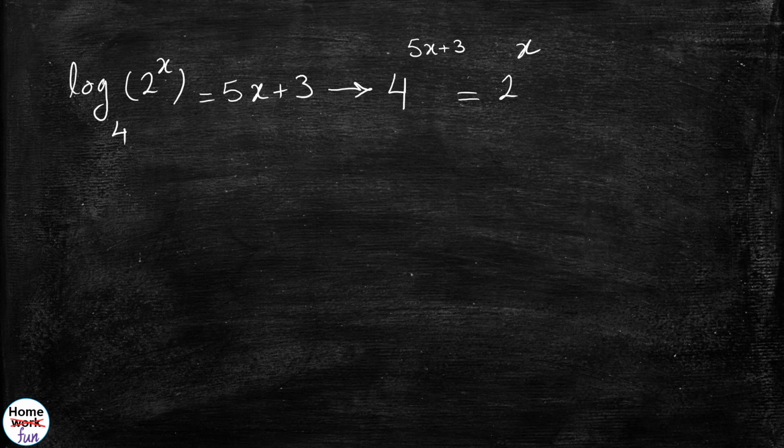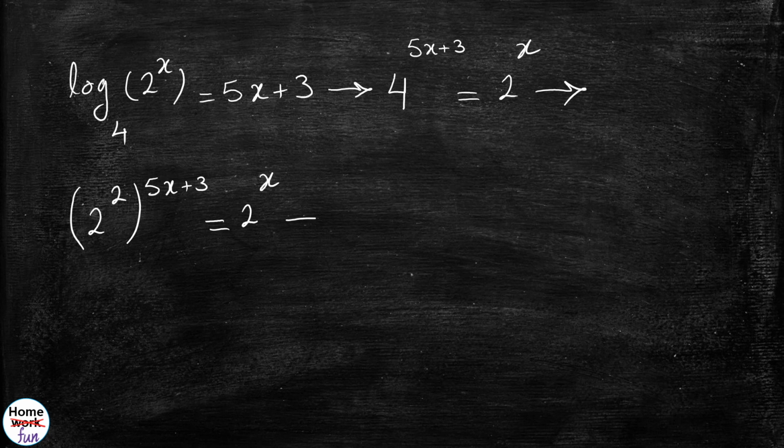Alright, so I can write 4 as 2 to the power of 2. So let's do that. I can write 4 as 2 to the power of 2, and then to the power of what it was outside, 5x plus 3 must equal 2 to the power of x.